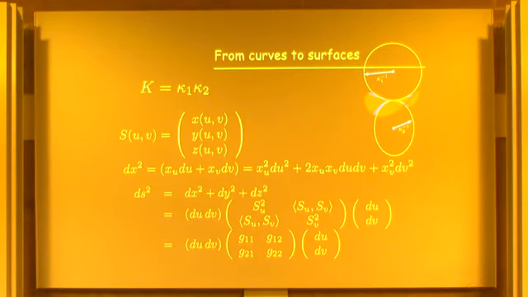So this is nothing but S_u, or S is X, Y, Z, dot product with itself. This is G11, G12, G21, G22. Okay, so this is, again, for mathematicians it should be trivial. For engineers, just think about it as affine transformation from the coordinate space to the surface itself. It allows you to measure distances on surfaces.